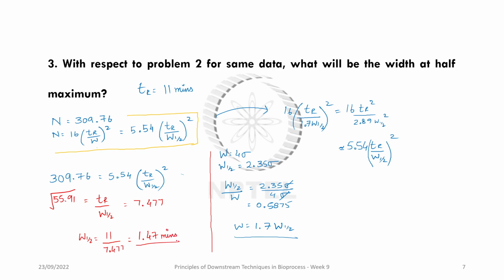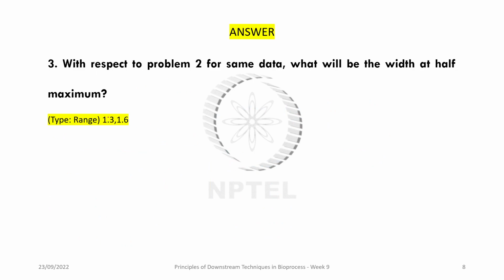Is that what everybody is getting? Thank you, Natarajan. That's good. So yeah, we fall within the range, right? So our answer is half width is equal to 1.471 minutes.